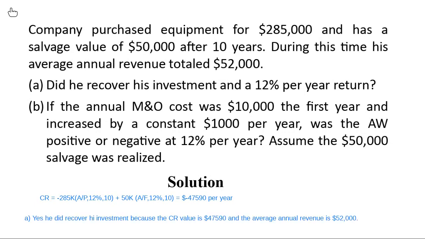If I ask you, did he recover his investment, this is yes or no. But when I say why, then you have to write the explanation. That means you understand he is already generating more than the capital recovery, which is the minimum needed, the 47,000 to recover the initial investment, and he's generating 52. That means he will recover his initial investment.